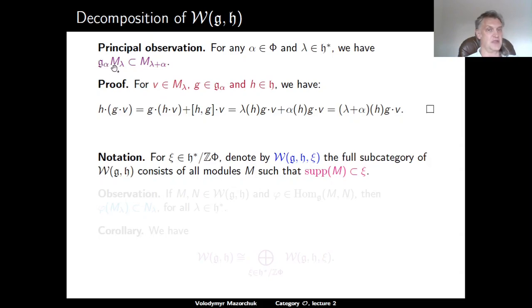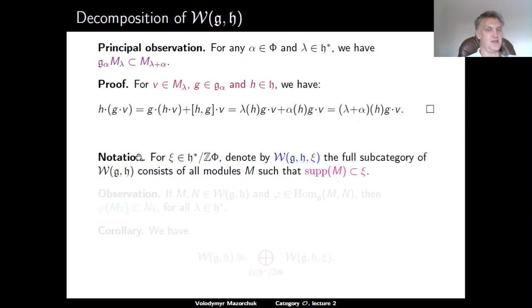If we do it several times, we can shift lambda by an integral linear combination of all roots, which means that the support of such a module will belong to the coset of H star modulo the integral additive subgroup generated by all roots.